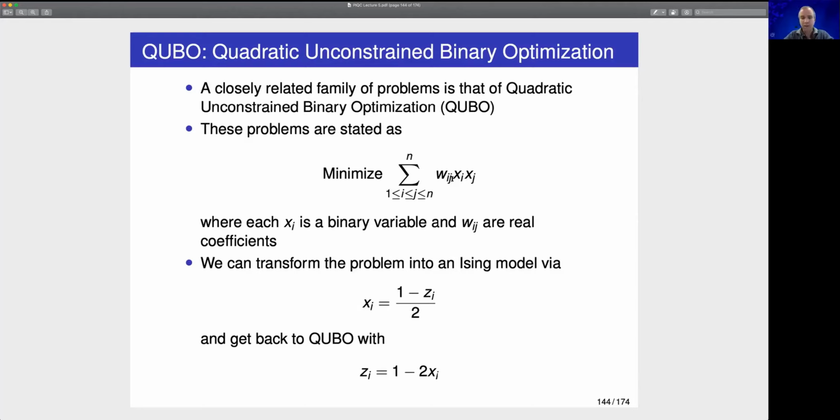So this is something that you will usually see also connected to these problems of combinatorial optimization with quantum computers. And I wanted to show you what is the relationship between the Ising model, which is the one that we are going to use, with this QUBO formulation.